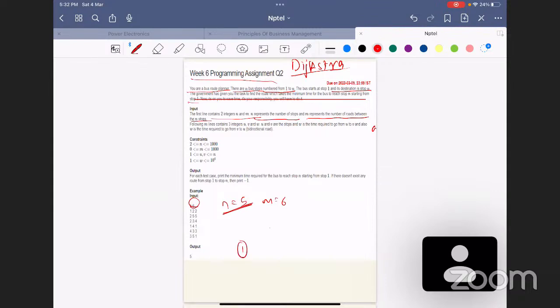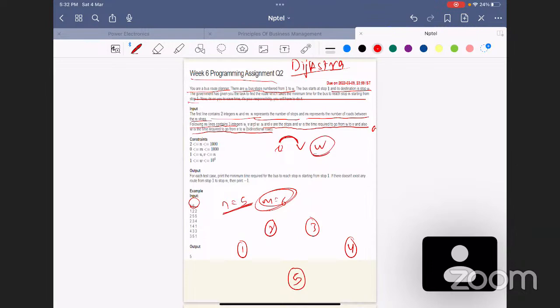So we have stops 1, 2, 3, 4, and 5, and m are the number of roads between them. Following m lines will contain 3 integers u, v, and w. U and v are the stops, and w is the time required to go from u to v, and also w is the time required to go from v to u. Obviously, there is a road between these two, and w is the time required for the bus to start from u to go to v, and vice versa, because this is a bi-directional road.